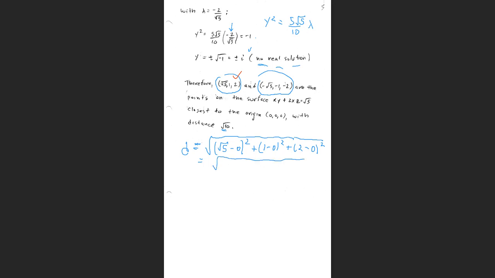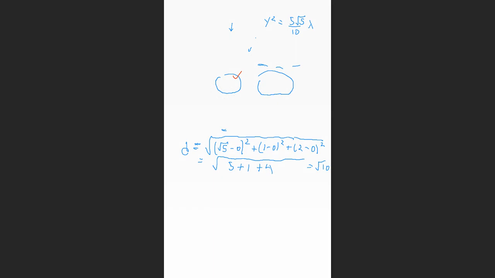So this is going to give you 5 plus 1 plus 4, and that's how you get root 10. And if you put the other value into the distance formula, you'll also get root 10. So that's how it works.